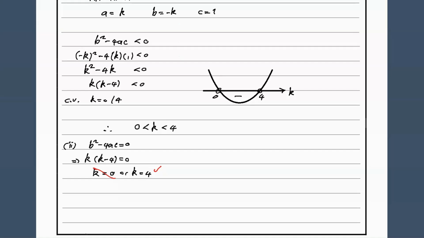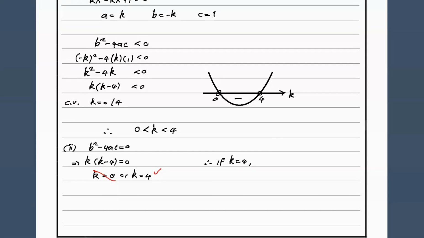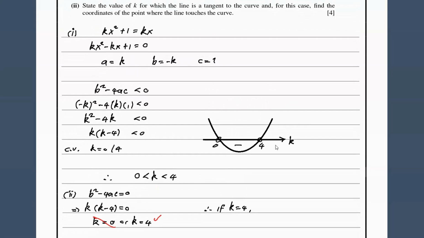And when k has a value of 4, we can substitute k into the equation. Let's take this combined equation. So I'm just going to copy this and paste it down here.